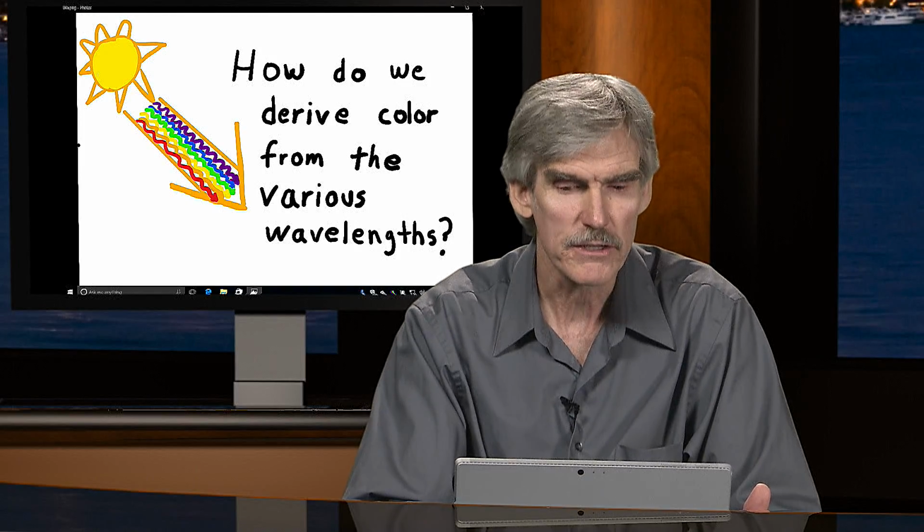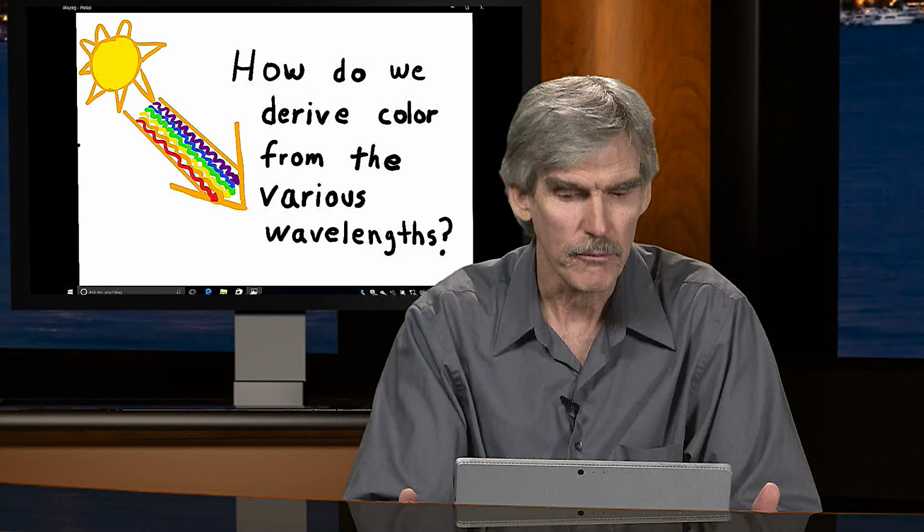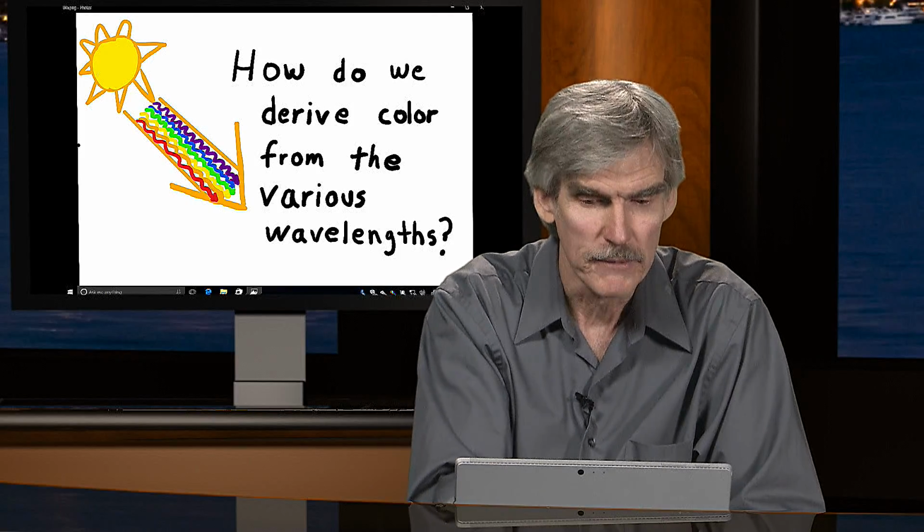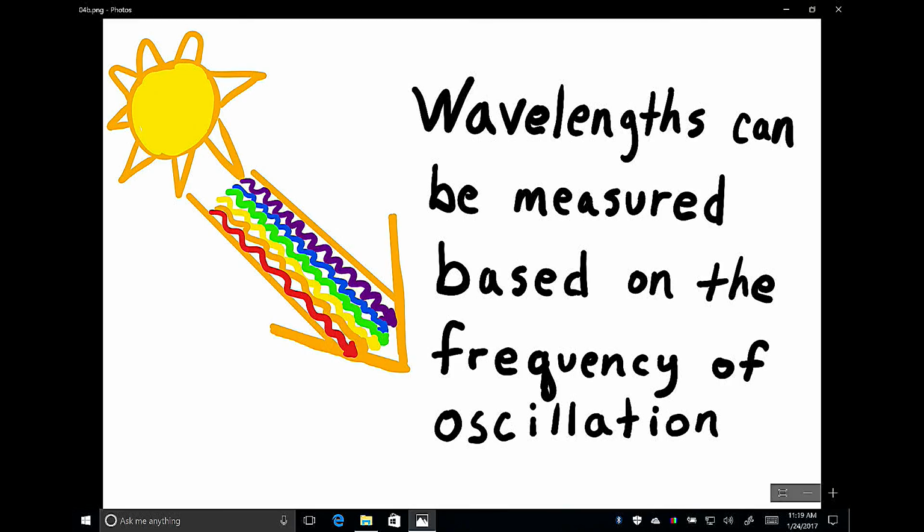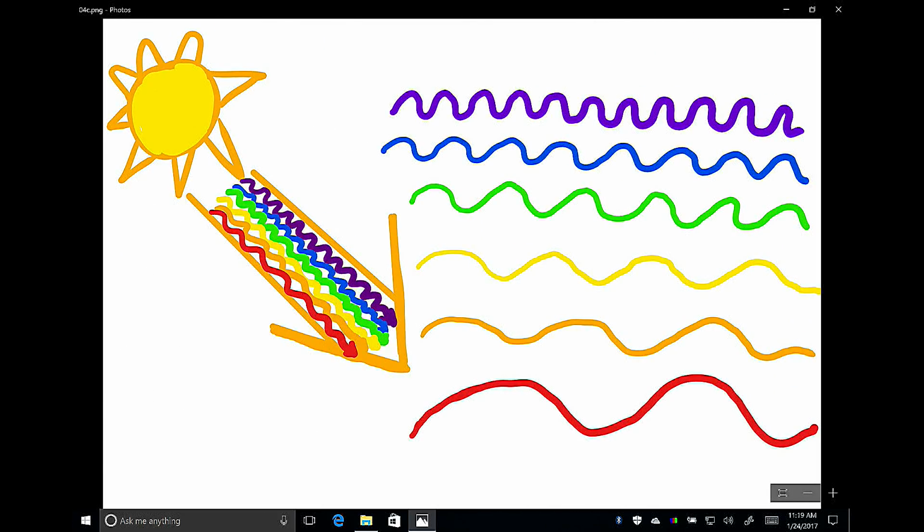the various wavelengths in that electromagnetic spectrum. So the wavelengths can be measured actually based on the frequency of oscillation in each one of those waves. There you see the waves lined up one next to the other. We have violet at the top, blue, green, yellow, orange, and red at the bottom.